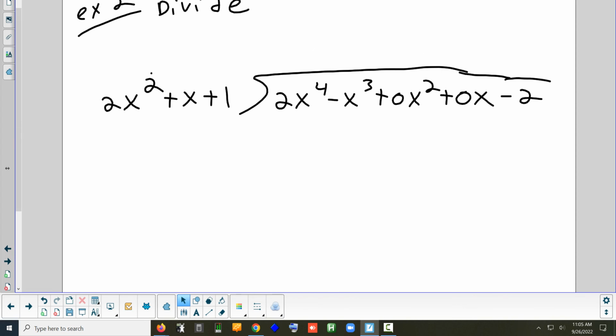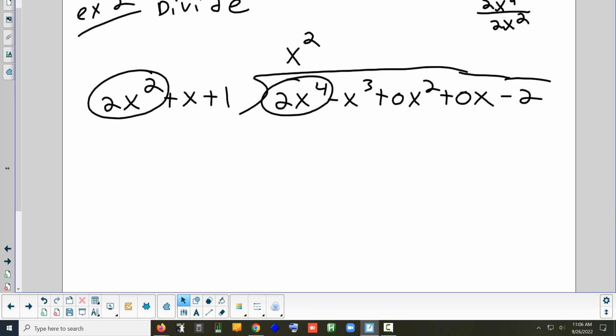Take the first term of your divisor and divide it into the first term of your dividend. So off to the side, you should be thinking about doing this. What's 2x to the 4th divided by 2x squared then? X squared.